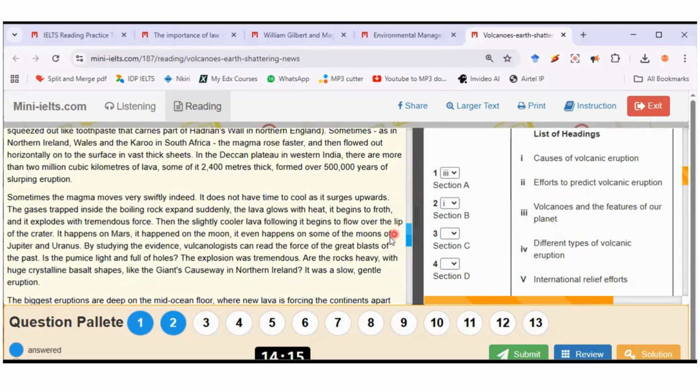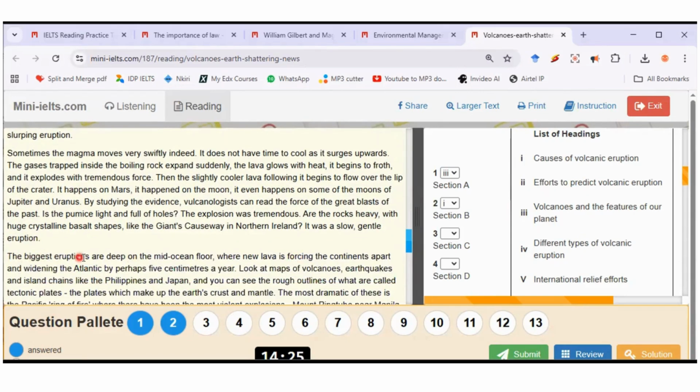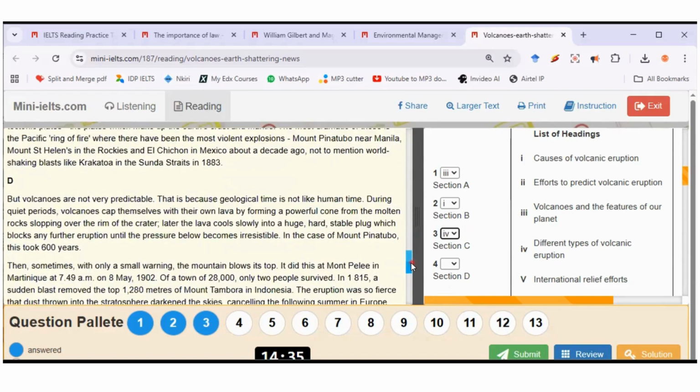It happens on the moons of Uranus. Here they talked about slow, gentle eruption. And then here they talked about the biggest eruptions. I think I'll go for number four for this section C.